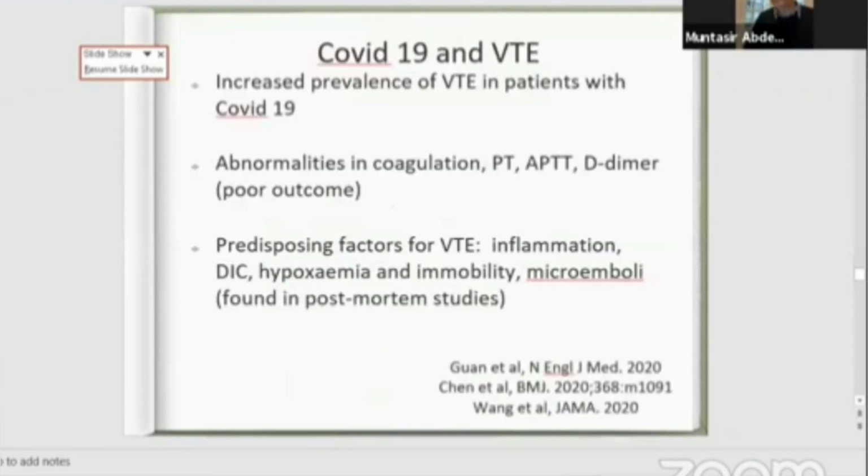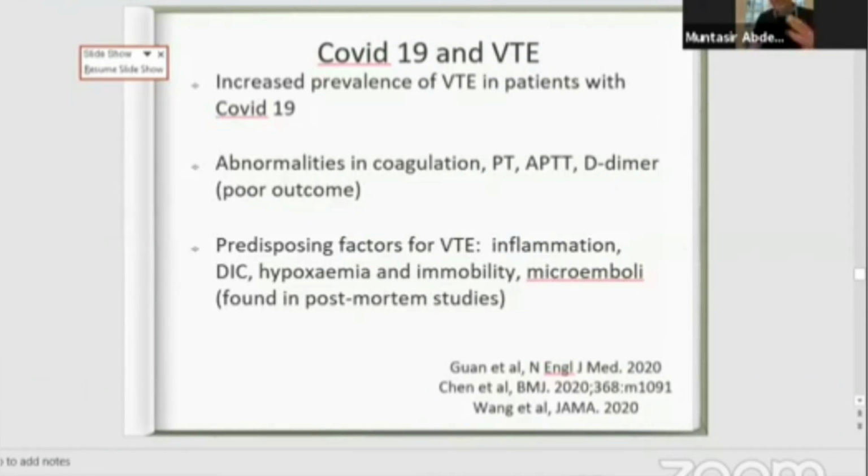Now we're going to talk about COVID-19 and VTE with pulmonary embolism. From our limited experience with COVID-19, there is no doubt that there is increased prevalence of pulmonary embolism in patients with COVID-19. And COVID-19 is associated with abnormality in coagulation, such as prothrombin time, APTT or D-dimer. And actually, when we have abnormality in coagulation with COVID-19, then the prognosis is very poor.